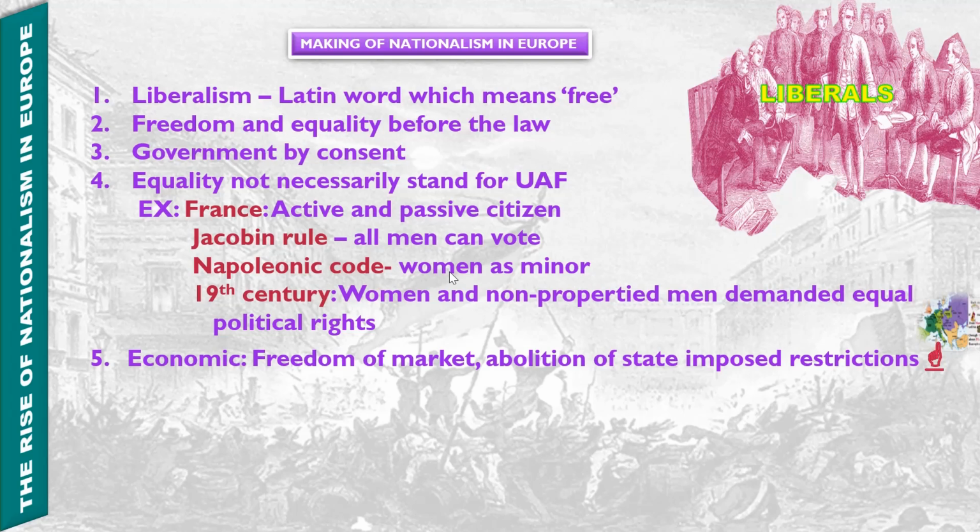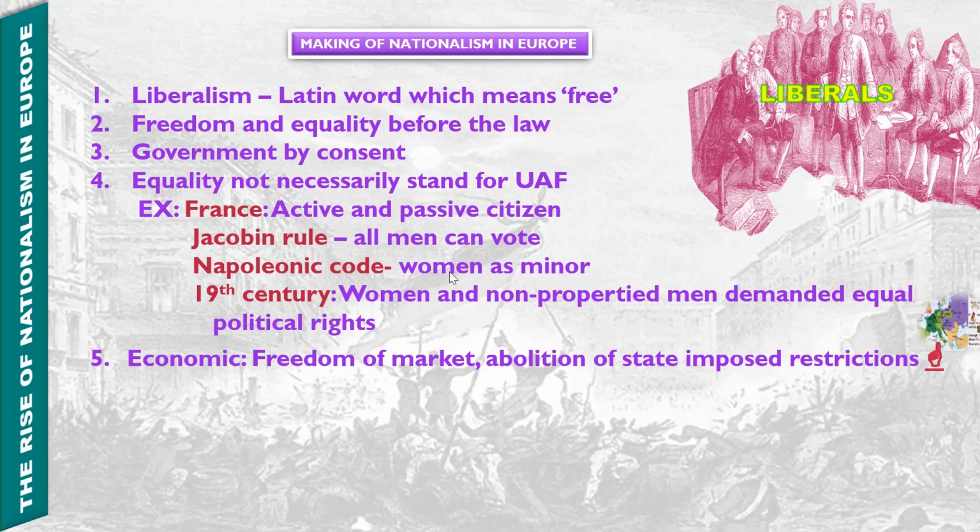Only for the brief period under the Jacobins did all adult males enjoy suffrage. However, the Napoleonic Code went back to limited suffrage and reduced women to the status of minors, subject to the authority of fathers and husbands. Throughout the 19th and early 20th centuries, women and non-propertied men organized opposition movements demanding equal political rights.